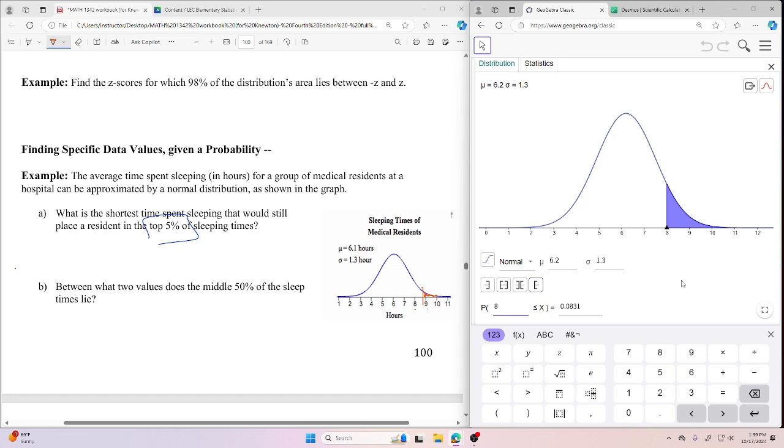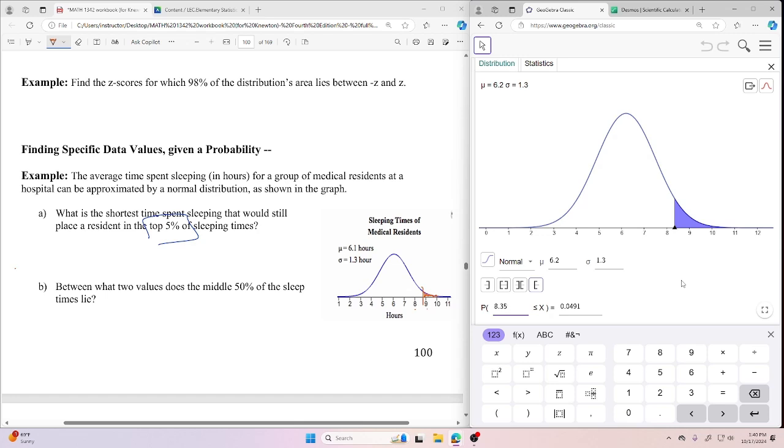Okay, so let me see if it's 8.5, maybe. And now we went too far, right? So 8.2, 8.3. That's looking pretty close. 8.35. It's pretty close. But that would take forever, and they're going to want an exact answer.